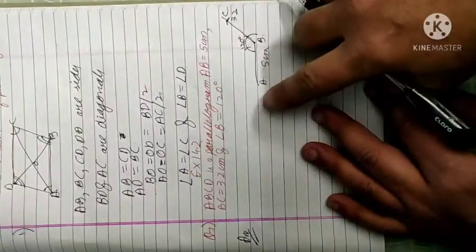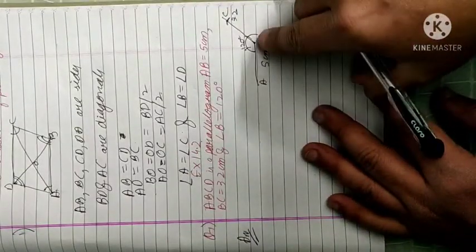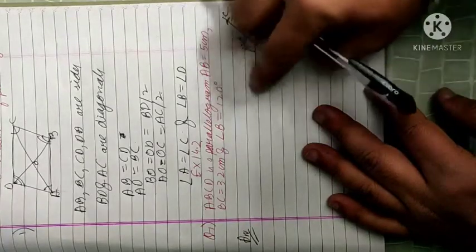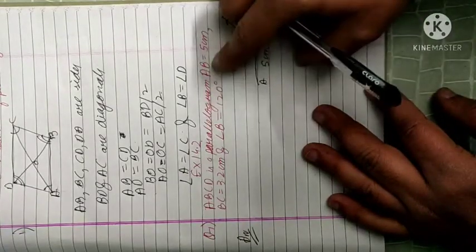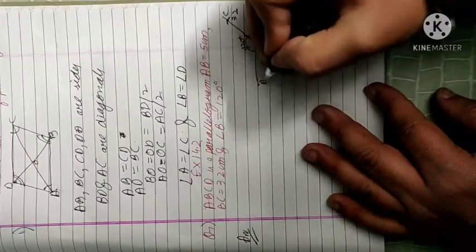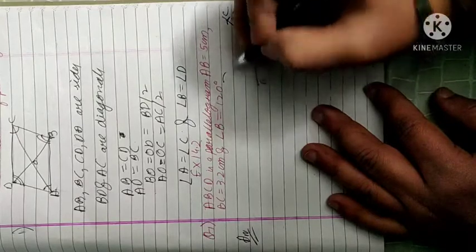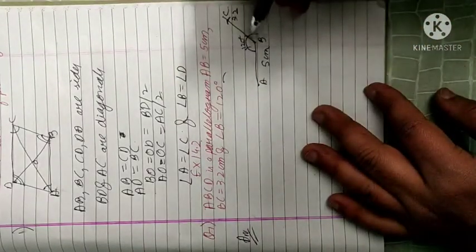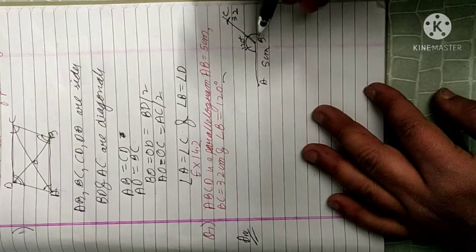BC is 3.2, so here AD will also be 3.2. We will keep the pin at A and draw an arc of 3.2 here. And AB is 5 centimeters.